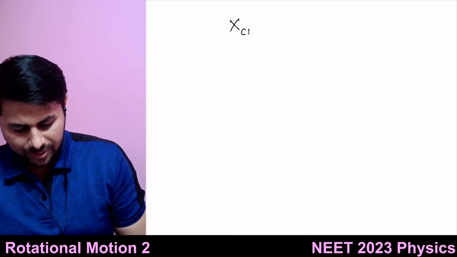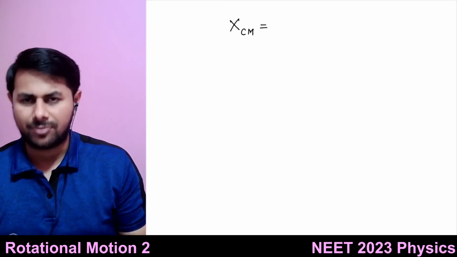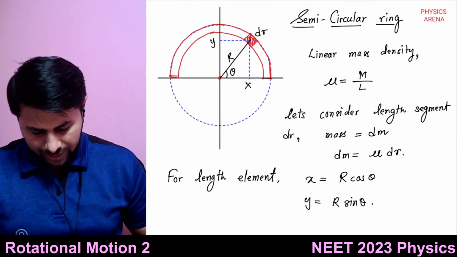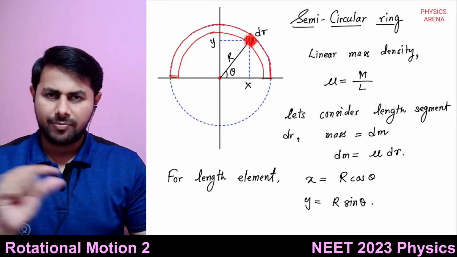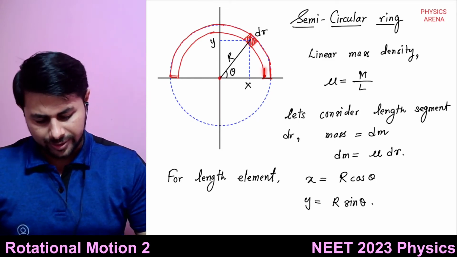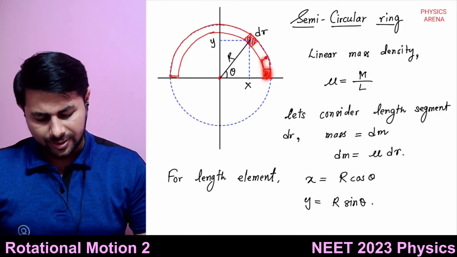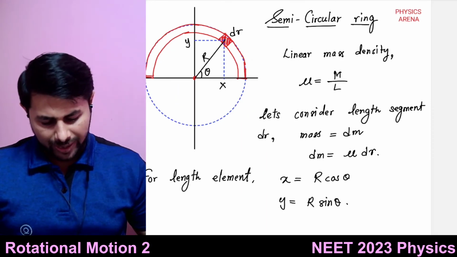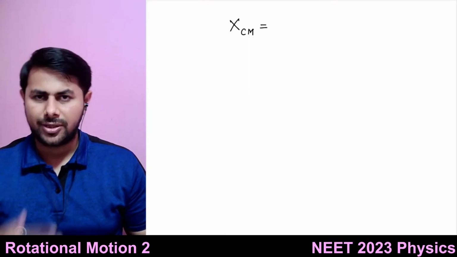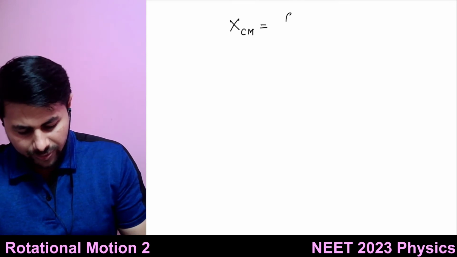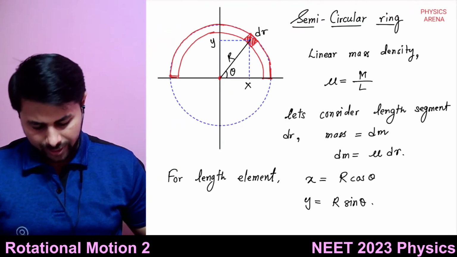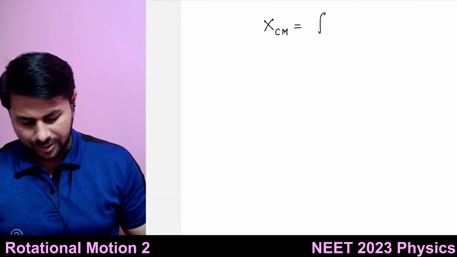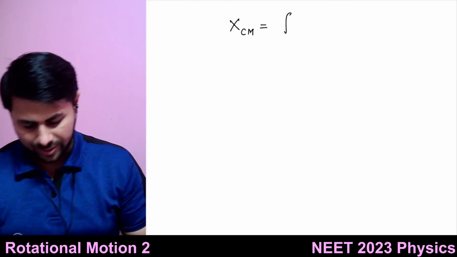Now we can find out the x coordinate of center of mass. If we consider such small length elements, and we find the x coordinate of all of them, and integrate over this ring and divide by the mass of the ring.